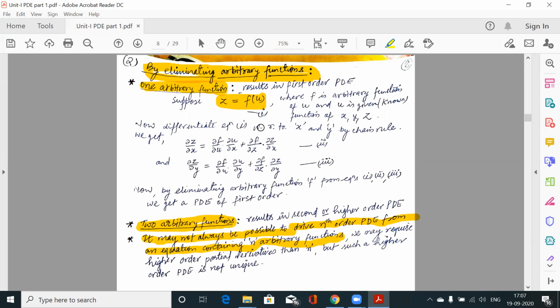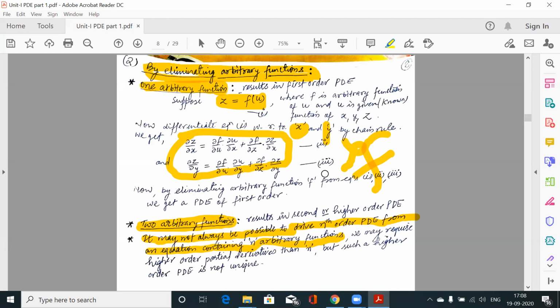So this is our given equation which includes one arbitrary function f. We have to differentiate it with respect to x and with respect to y. We will get these two equations. And now our purpose is the same as in the previous case. By using these two equations, we have to eliminate f, or we have to get the value of f in terms of derivatives and substitute it here, or if we can get it independently, we can get a PDE which is free from f.